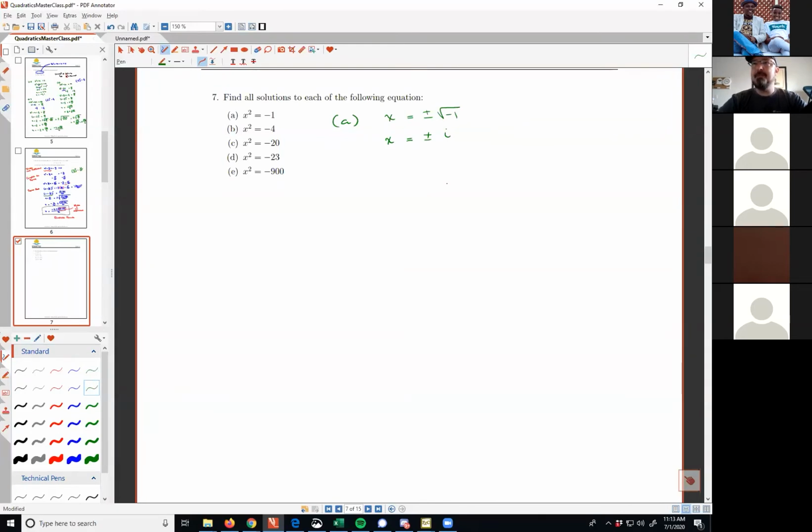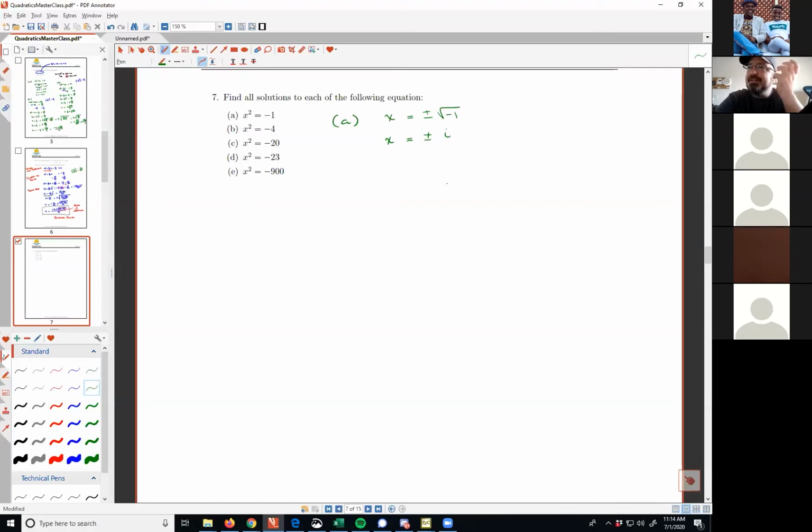So here's the thing. We want there to be solutions to all these equations. And so we take this number, the square root of -1, and when we think about it, it's not a positive number because a positive times a positive is a positive. It's not 0. 0 times 0 is 0. It's not a negative. Negative times a negative is a positive.